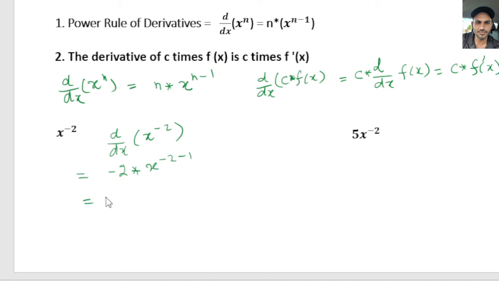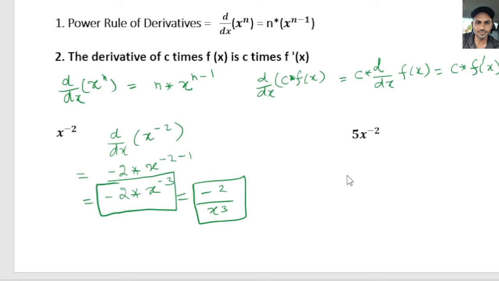So it becomes negative 2 times x to the negative 2 minus 1, which is negative 3. If you want to simplify it further, it becomes negative 2 over x to the 3. Whenever you have a negative exponent, you can switch its position. Since it's in the numerator, you can bring it into the denominator and make it positive. So both of these are correct answers.